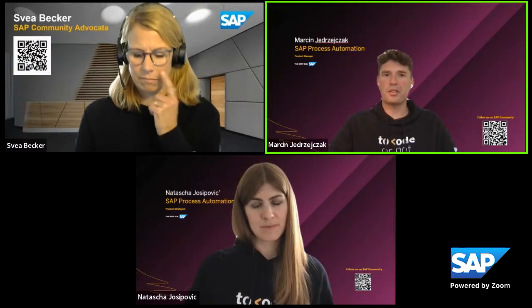And if we are on the topic of integration, I also would like to mention that what is important for us is that we will have also this year good integrations with our other SAP products that we believe customers can use, for example, to send some data either to S4HANA, to SuccessFactors, or sometimes also read some data, so that the consistency of data in the SAP systems lives.